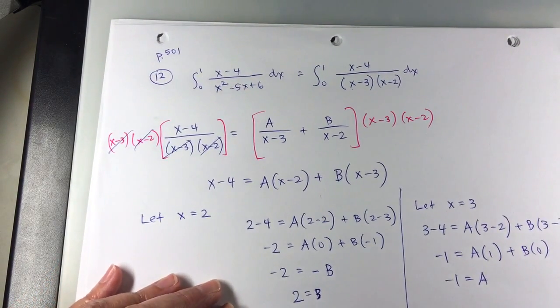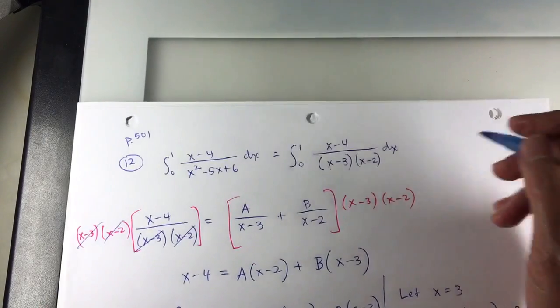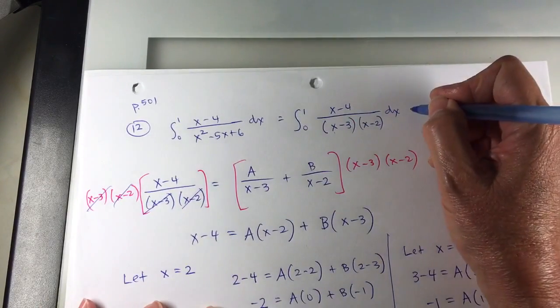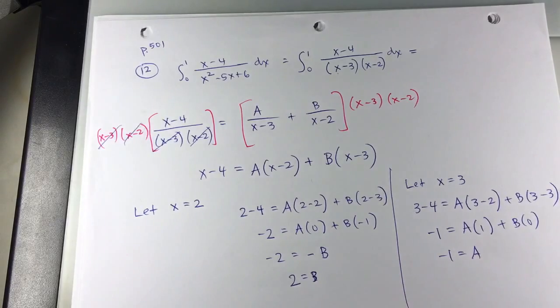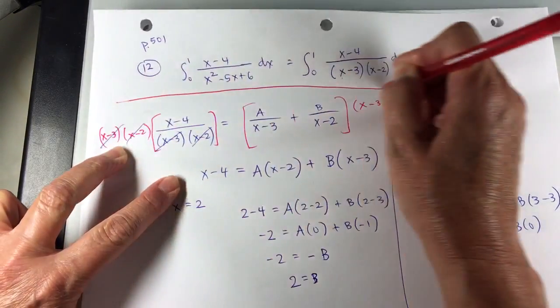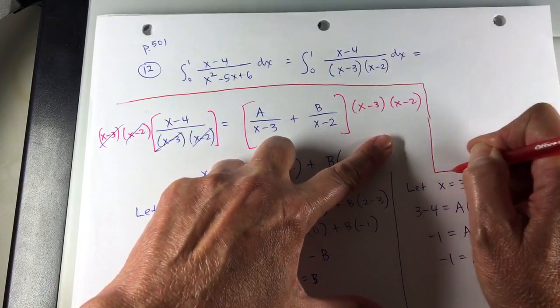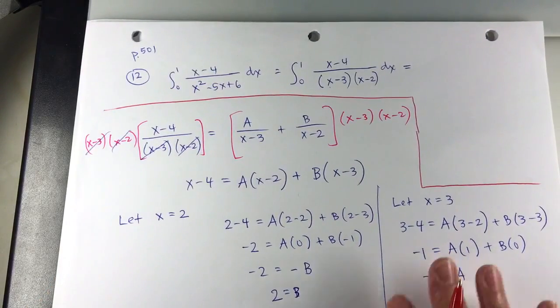Well, now I have, I probably got room to come back up here and, okay, here's my equals. And I'm going to kind of separate my work here from the integral.